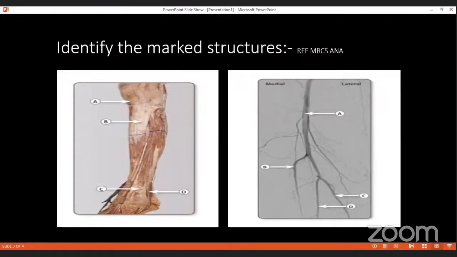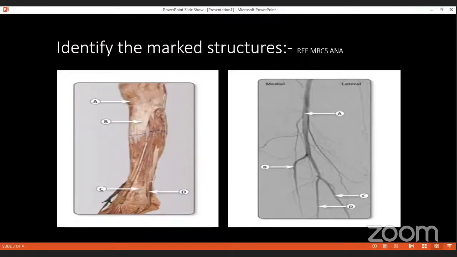How would you confirm your diagnosis? Active dorsiflexion. Active or passive? Active, because you are confirming it.